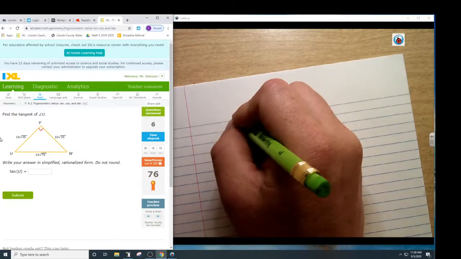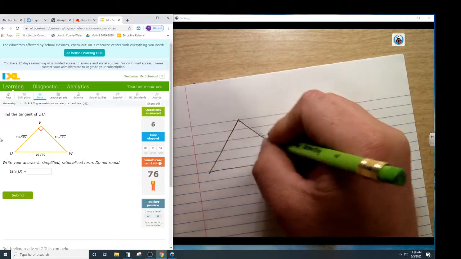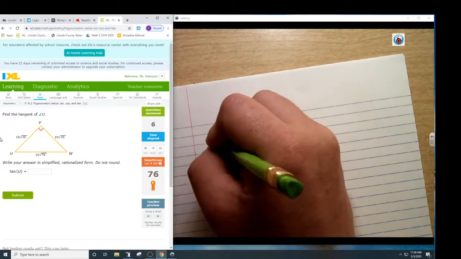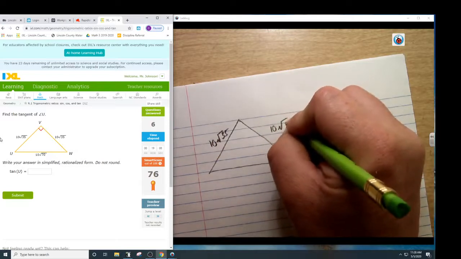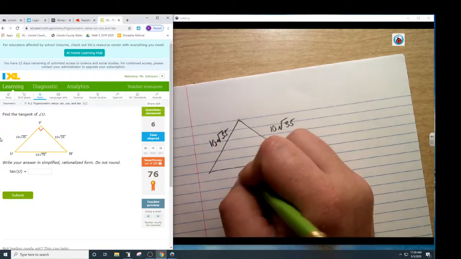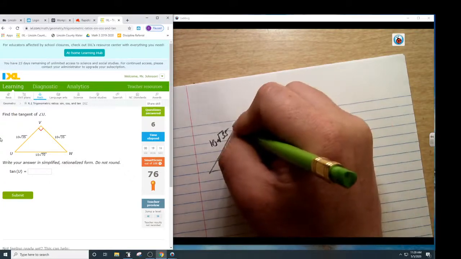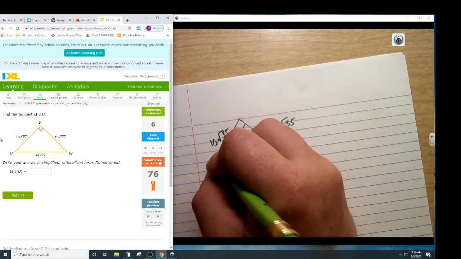So if I have this, this is 10 square root of 70. And then we got that. So here's my u here.